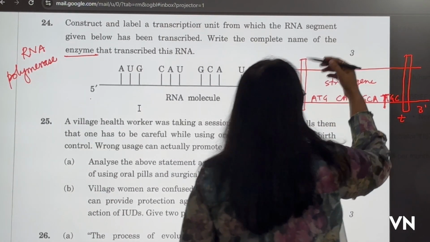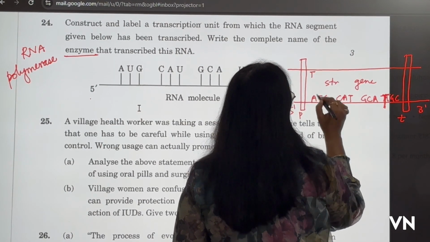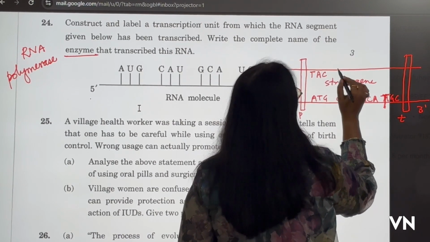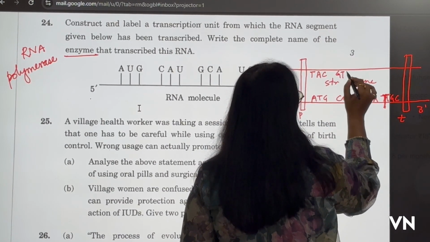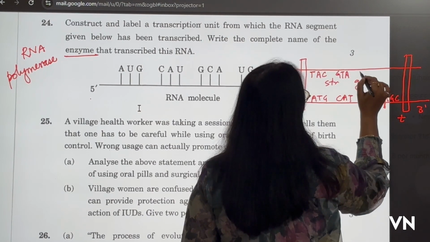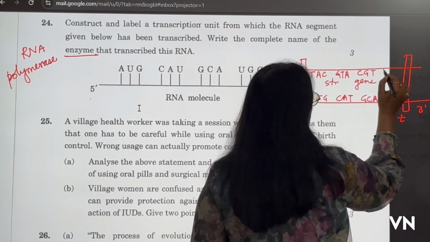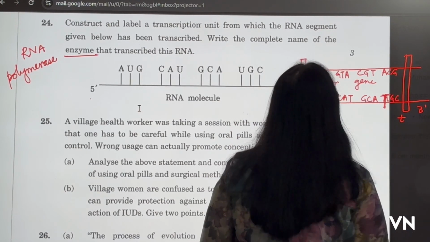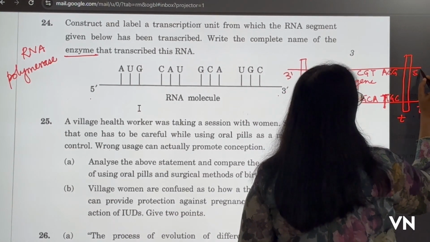Now, its complementary strand: A, T, T, A, for G, C will come here, for C, G, for A, T, for T, A, for G, C, and G, T here, A, C, and G. And the polarity of this will be 3' to 5'.